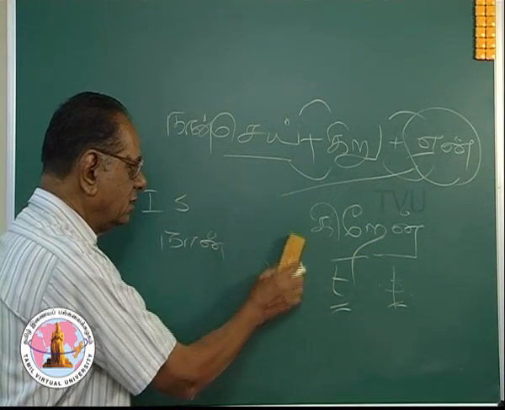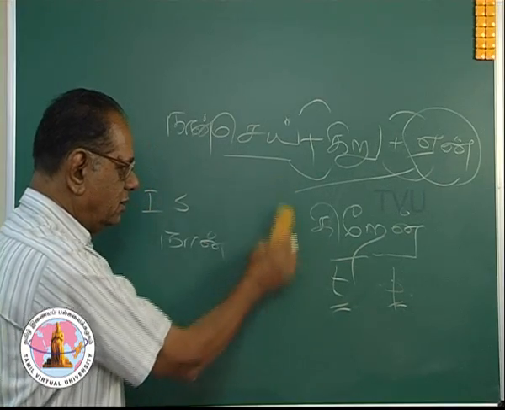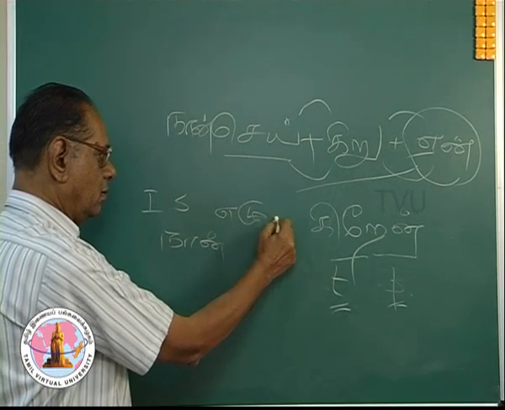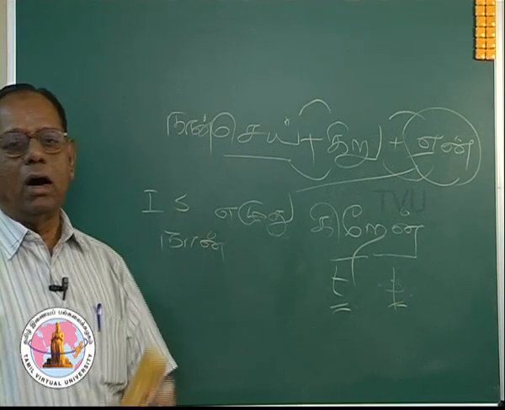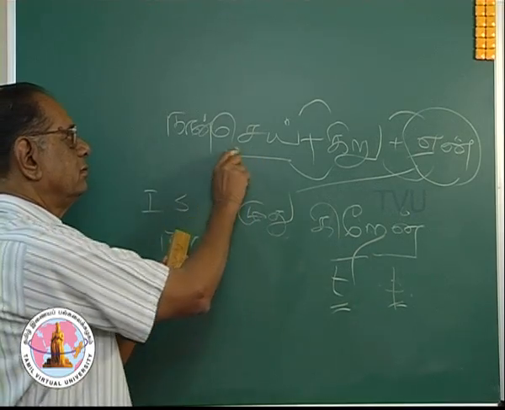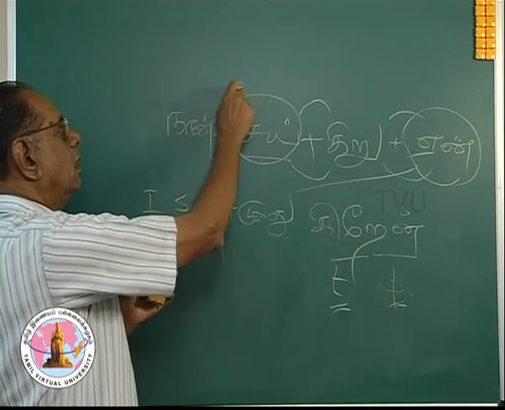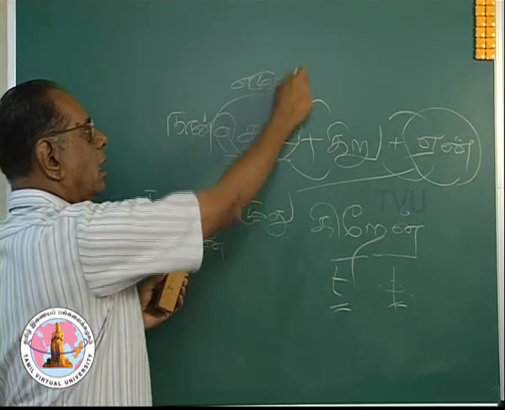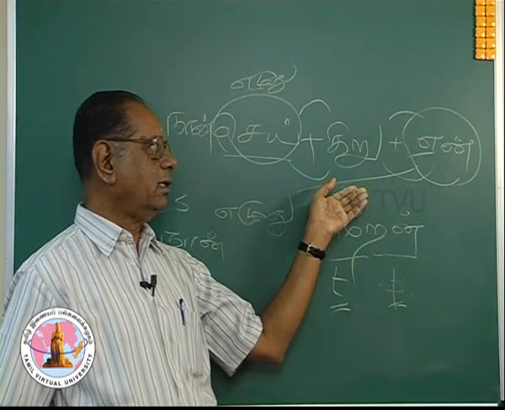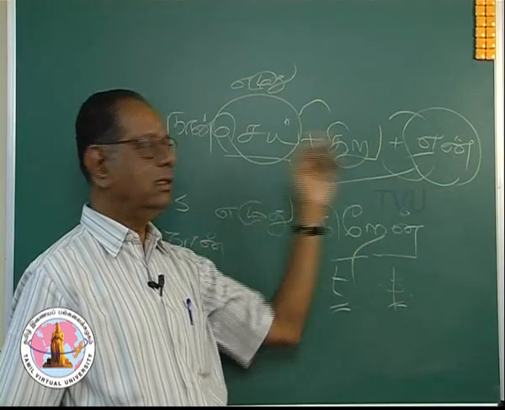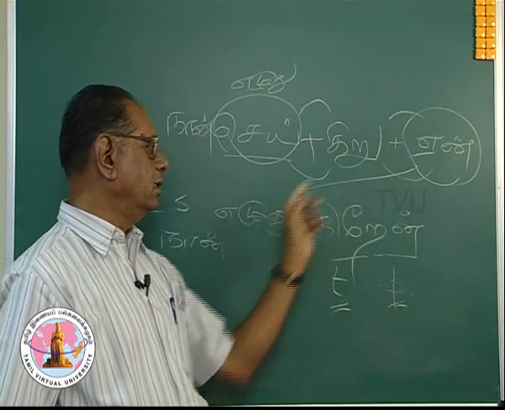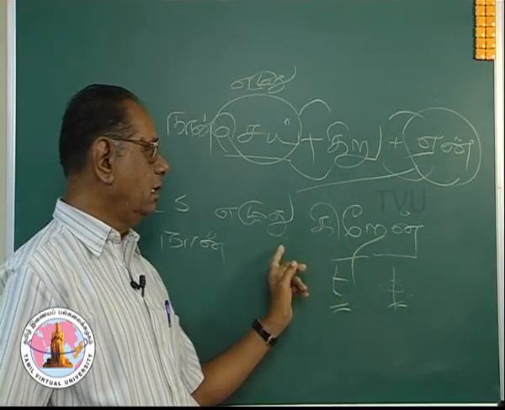So, I replace this verb with another verb. Naan eludugiren. I have replaced this sei. Eludu is the verb, kiru is the present tense marker, ஏன் is the personal marker of the first person singular naan. Eludu kiru ஏன், eludugiren.